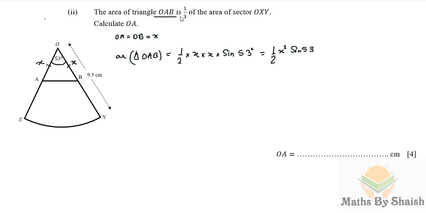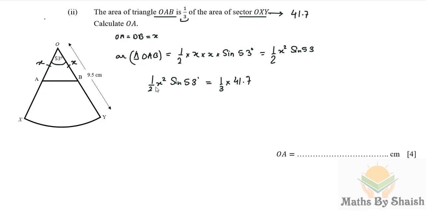And now this area is 1/3 of the area of the sector OXY, and this sector area from the previous part we have as 41.7 centimeter square. So according to the condition, half x square sine 53 degree equals 1/3 of 41.7.